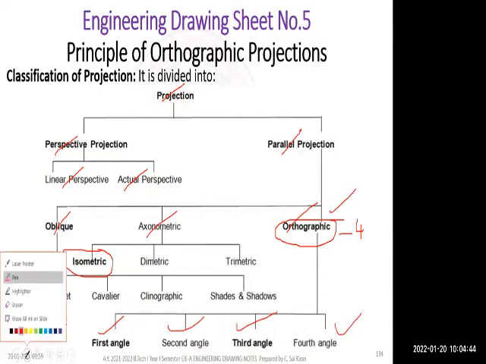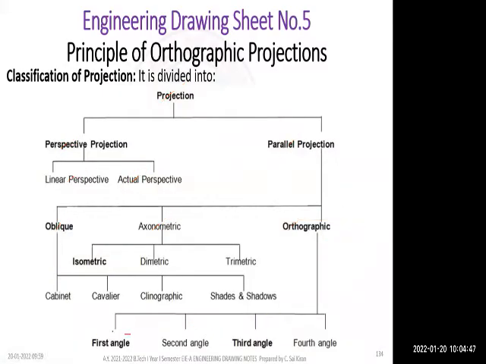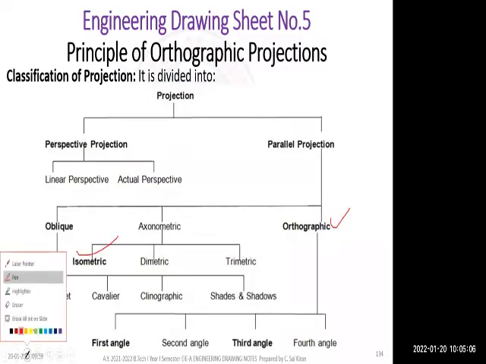Out of all these, generally we learn the first angle method and third angle method, and we use only the first angle method. Isometric you will be learning in the 5th unit. So this is orthographic projection, and that is isometric projection, which we will be learning.